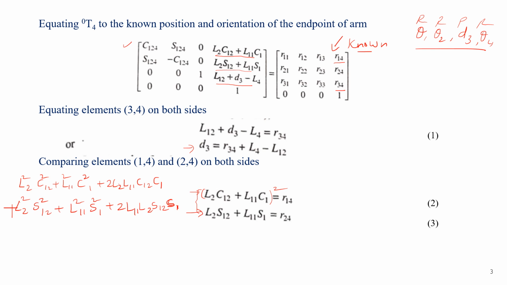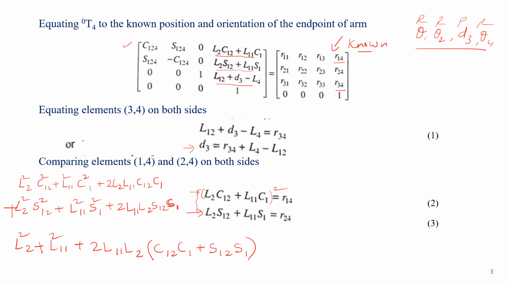You will get simply L2 squared, since cos squared 12 and sine squared 12 becomes 1. So it is L2 squared plus L11 squared plus, in this you can take 2 L11 L2 common. You will get cos 12 cos 1 plus sine 12 sine 1.